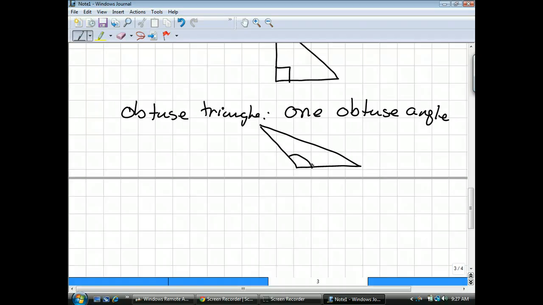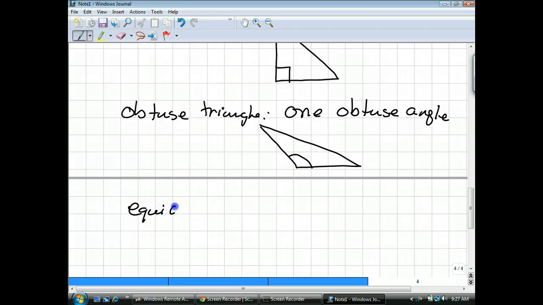And then the final one is the equiangular triangle. Meaning all angles are congruent.